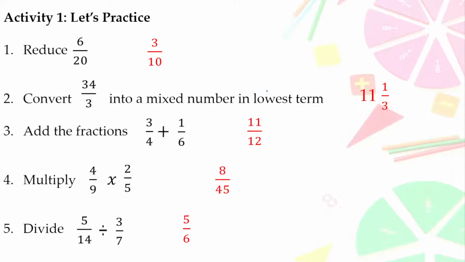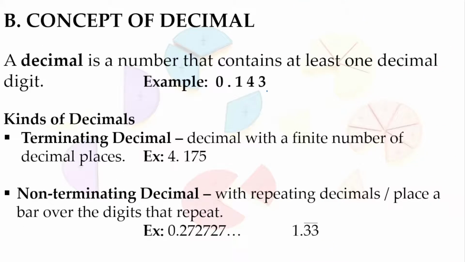Okay? So, now, let's move on to, aside from fractions, we need also to recall the basic concepts of decimals also. Okay? So, a decimal is a number that contains at least one decimal digit. So, here, we have an example, 0.143.